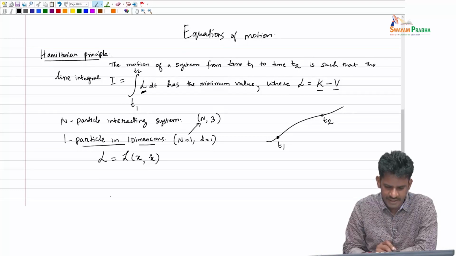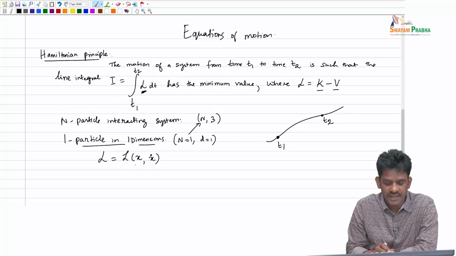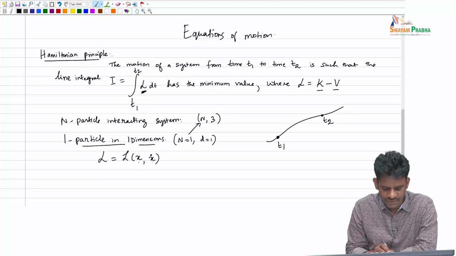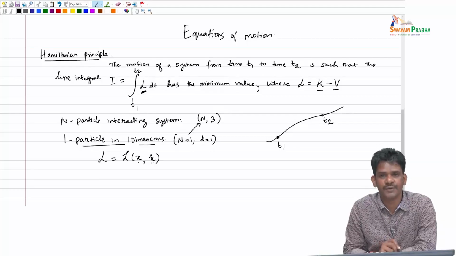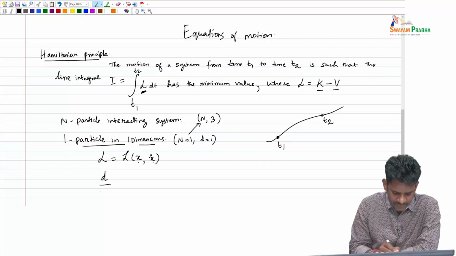So, now when we apply this Hamiltonian principle for a Lagrangian written as a function of position and the velocity, or the time derivative of the position, then it can be shown that the Lagrangian equation of motion can be written as the following.